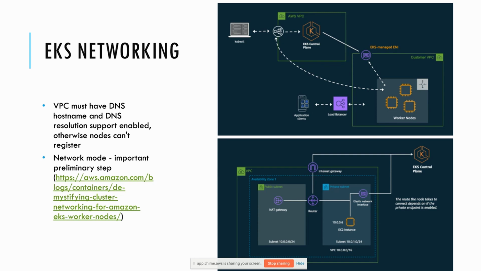So you've got three different types of networking modes. You've got public and private endpoint only. And so, for example, with public, your VPC will actually have to have an internet gateway, and you'll also have to have a NAT gateway in the case that you have private subnets within that VPC, where your applications will actually be running, or where the EC2 instances will be running.